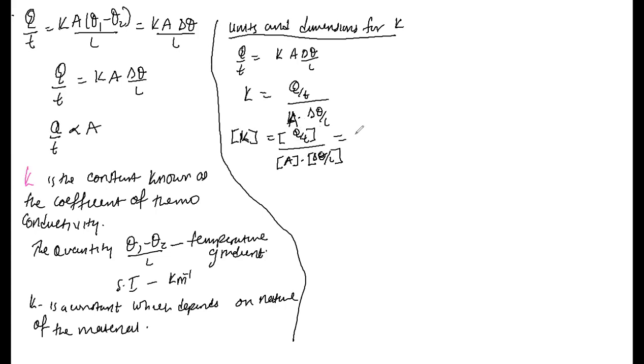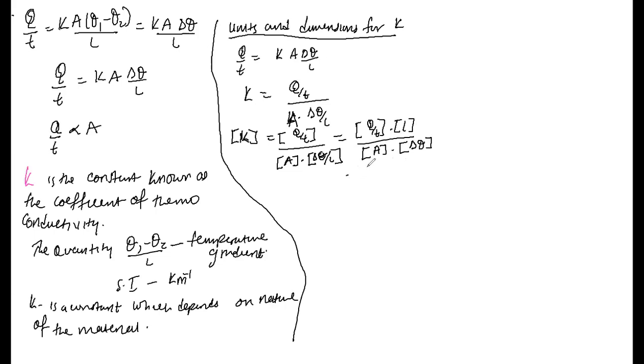But one can also express them like this. Dimensions of rate of heat transfer times dimensions of L over dimensions of cross-sectional area times dimensions of temperature change.